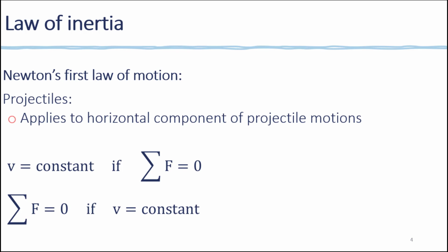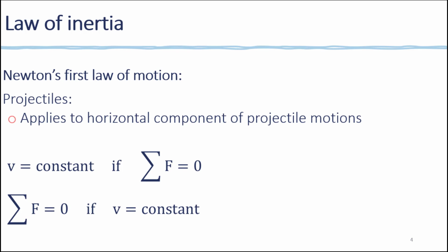And we actually used Newton's first law of motion several times already this semester. When we analyzed projectile motions, for example, we resolved the motion of the projectile into its horizontal and its vertical components. Vertically, the velocity of the projectile was constantly changing, and it was accelerating downwards at an acceleration of 9.81 meters per second squared because of gravity.